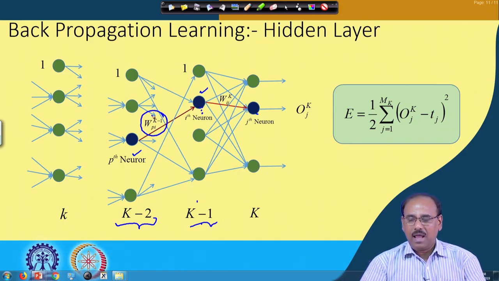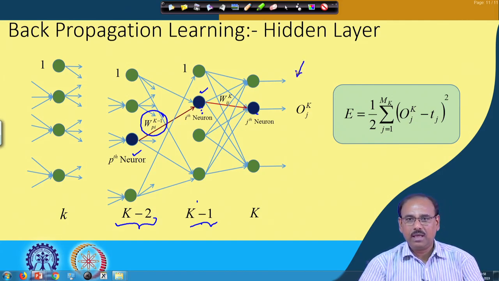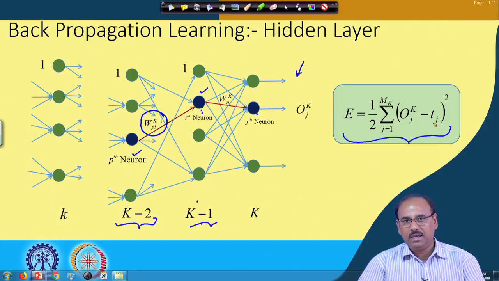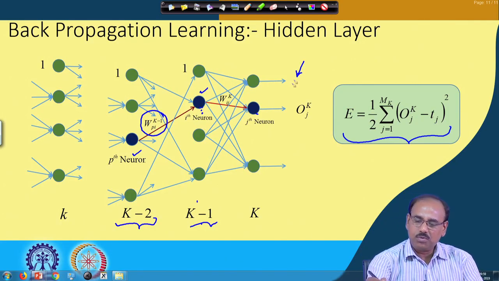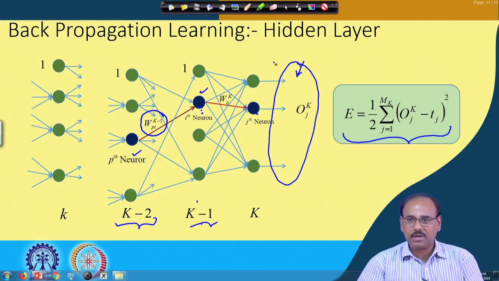But you remember, as we just said, that I can compute the error only at the output layer. I cannot compute the error in any of the hidden layers. So, my error function or loss function is still given by E = 1/2 Σ (Ojk minus Tj) squared, j varying from 1 to mk, that is the error that I am computing at the output of the output layer. So, this is still my error function.